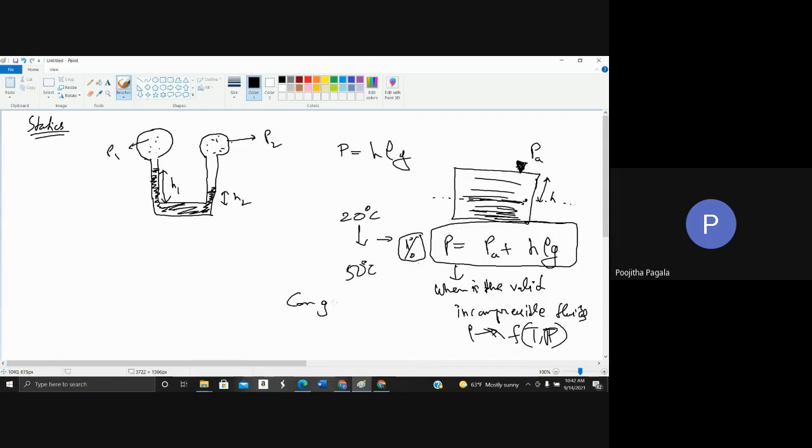Can gases be approximated as incompressible fluids? No, because for example, take the simplest gas equation, the ideal gas equation. PV is equal to nRT.